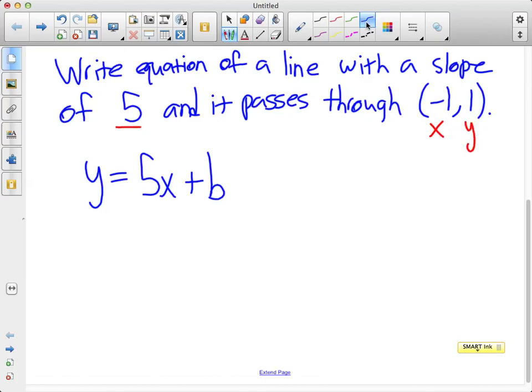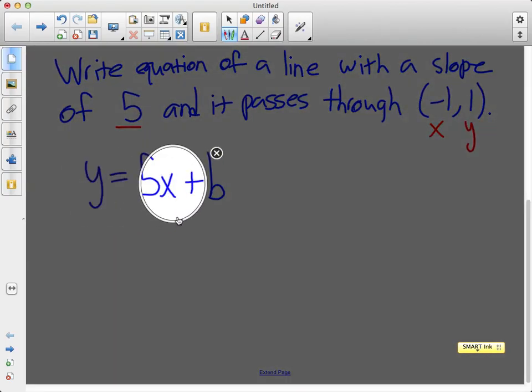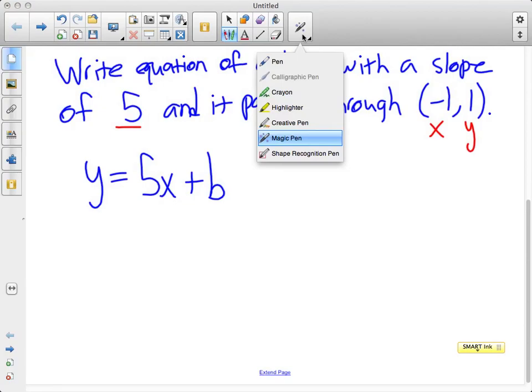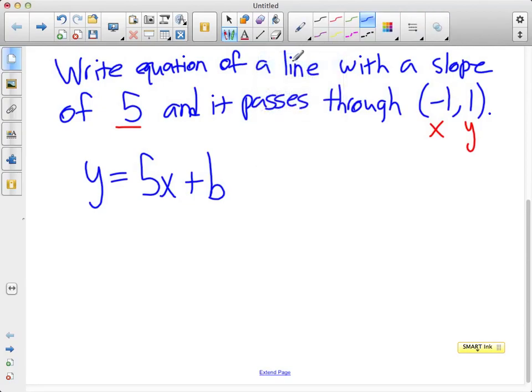So we can plug in the known values, because your equation has a y and an x. We know the line passes through the point -1, 1. We know that if x in this equation is -1, then y is 1. And we can solve this equation for b, because we have 5 times -1 plus b is equal to 1.